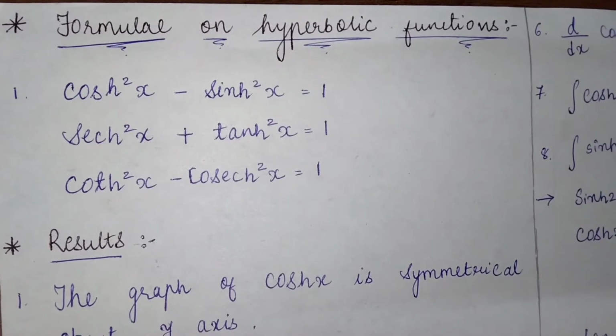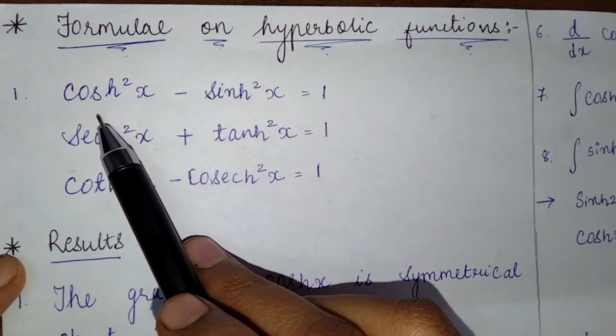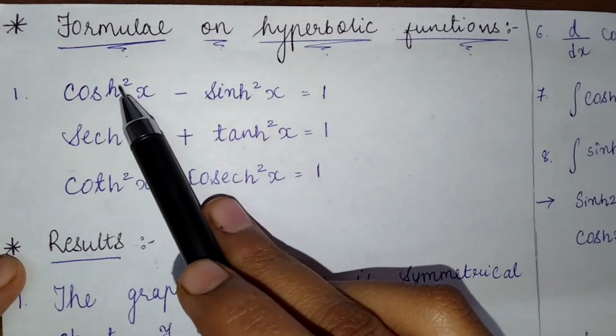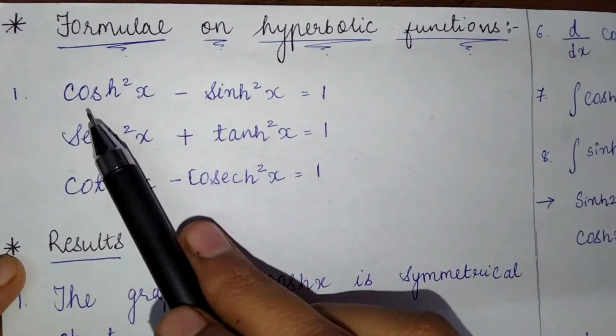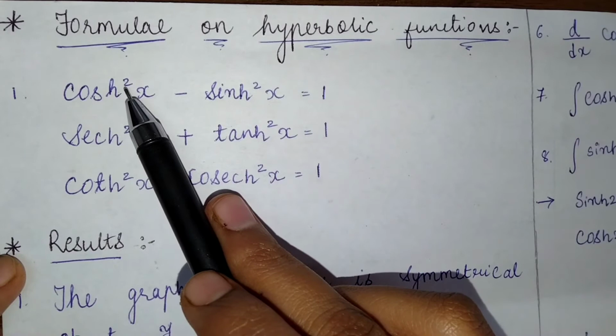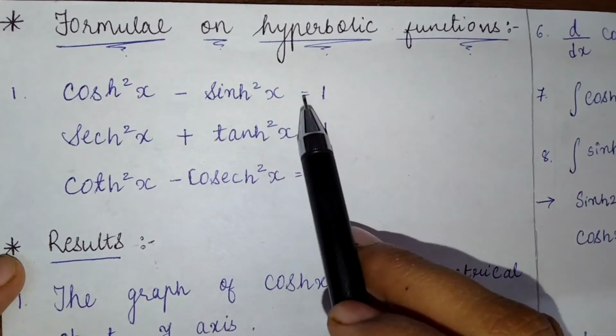Now you have to remember some formulas on hyperbolic functions. Okay? So the first part is whenever it is given cosh square x, these are all hyperbolic functions. Whenever you are given cosh square x minus sinh square x, then its value is always 1.